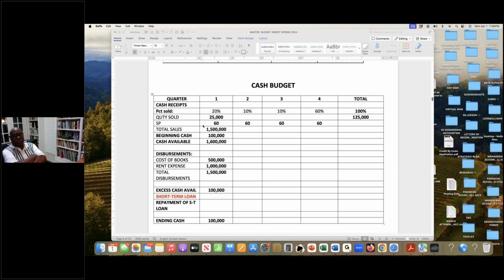I'll probably try to save this document and put it in course content. So the journal entry is going to virtually stay the same, but we may not be borrowing because we're making money. Any questions?